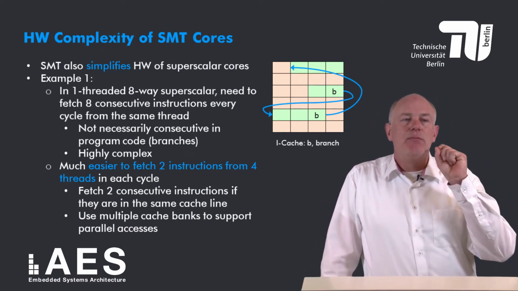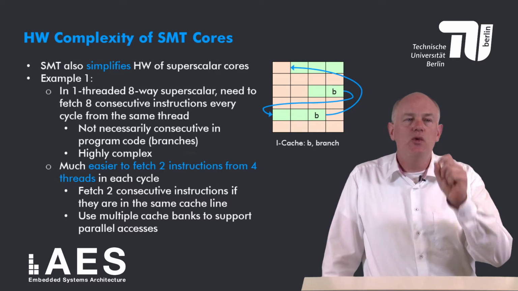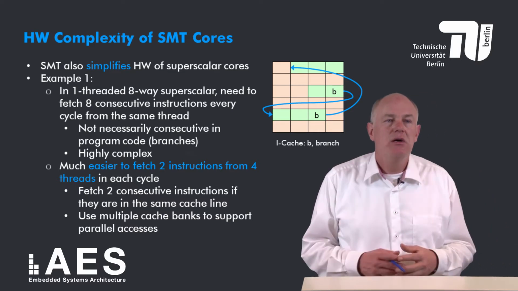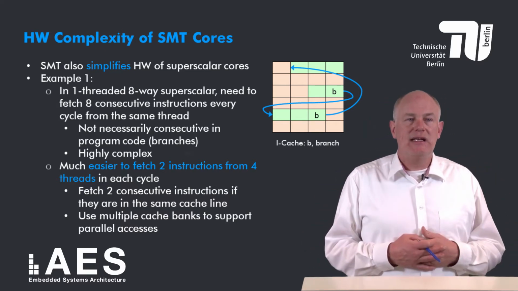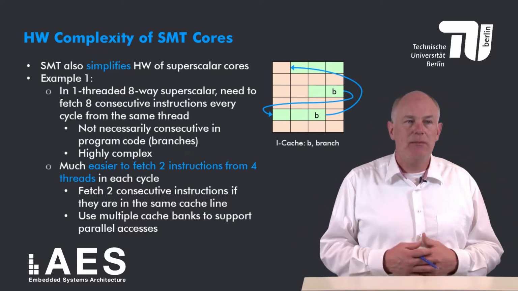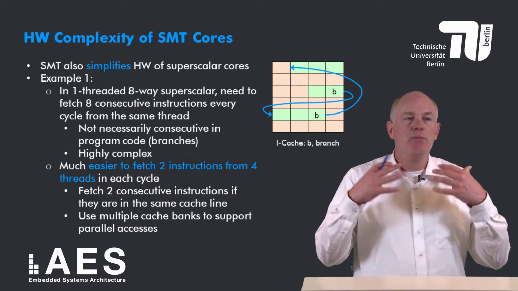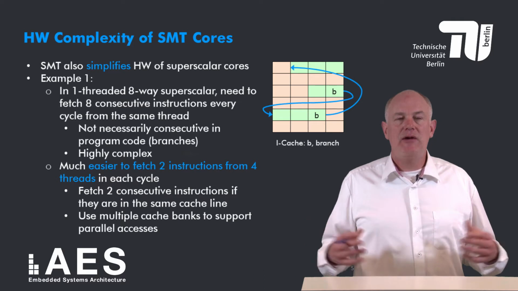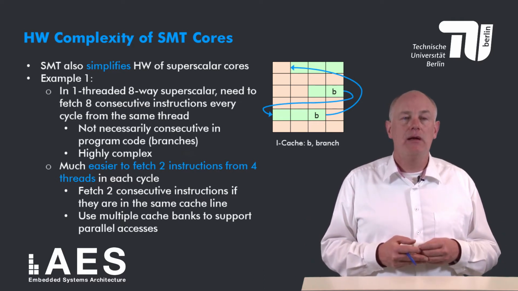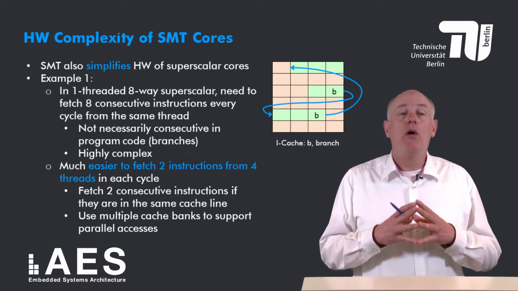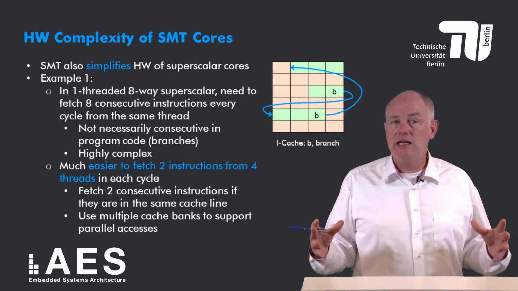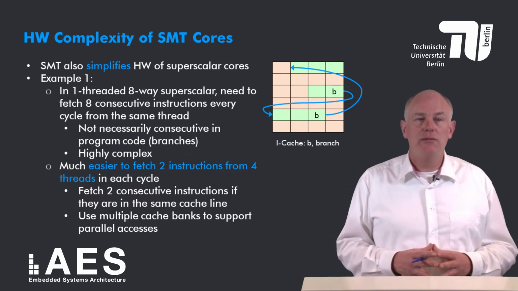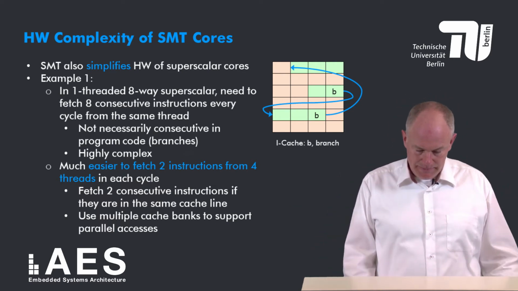In fact, it's much easier to fetch 2 instructions from 4 threads each cycle, because we can fetch 2 consecutive instructions if they are in the same cache block, and we use multiple cache banks to support parallel access. This is much easier to implement. Even though modern processors don't do this, they fetch from a single thread, but they issue from several threads at the same time.